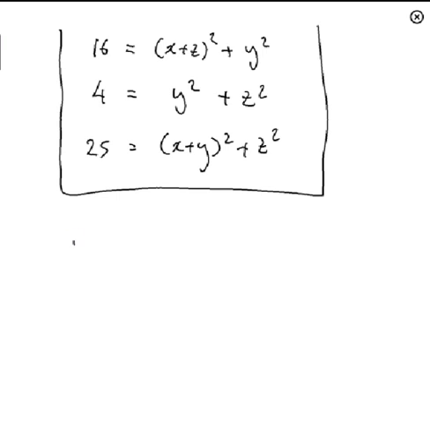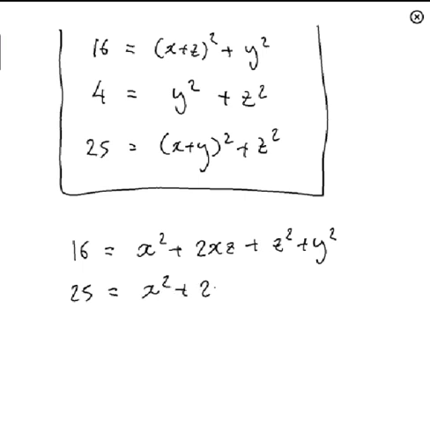So first of all, we notice we've got 16 is equal to x squared plus 2xz plus z squared plus y squared. We have 25 equals x squared plus 2xy plus y squared plus z squared. And we know that 4 equals y squared plus z squared.